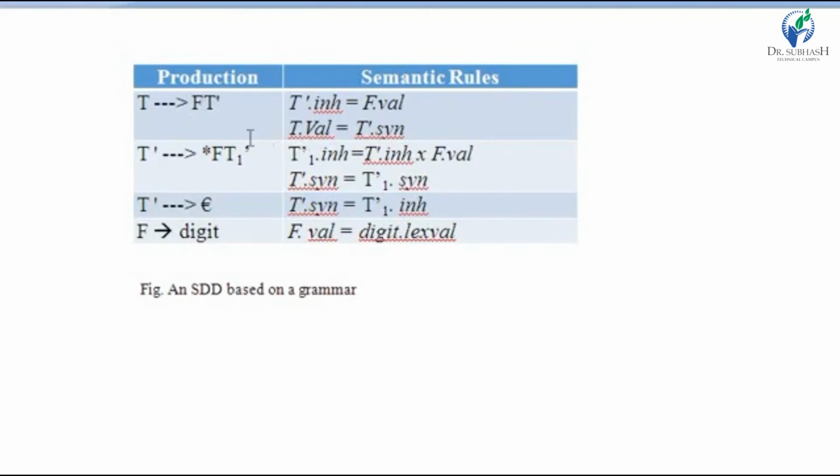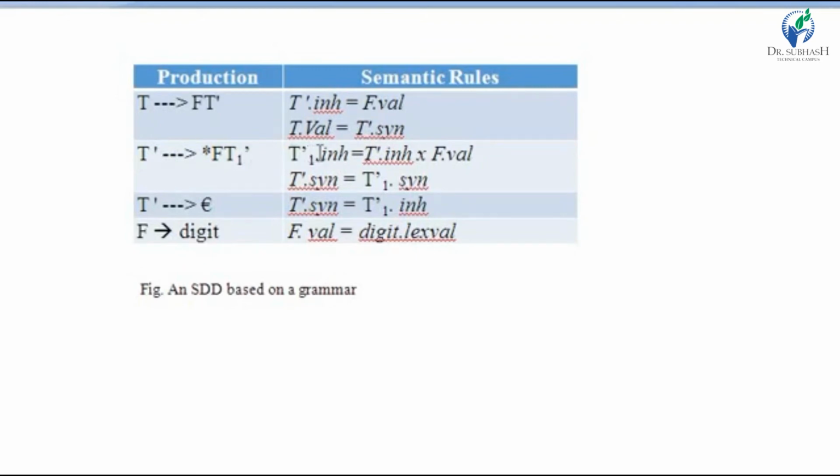The inherited attribute is denoted by INH, and the synthesized attribute is denoted by SYN. So T dash.inh is equal to F.value and T.value is equal to T dash.syn. The production T dash gives star F T1 dash.